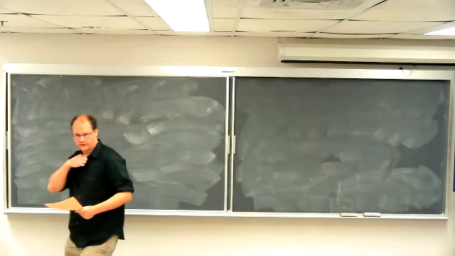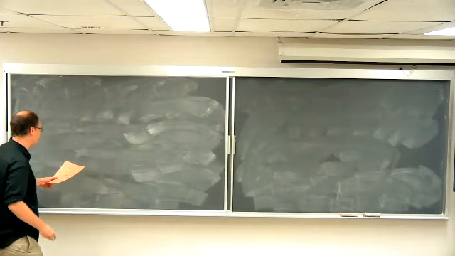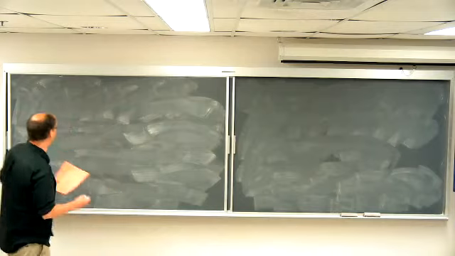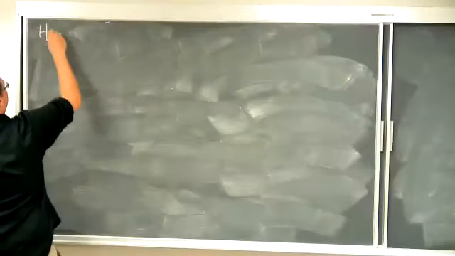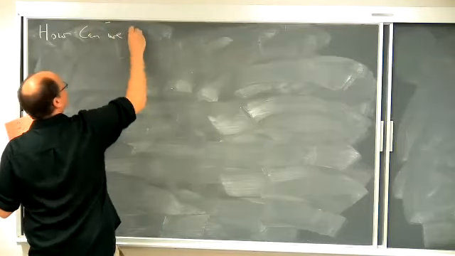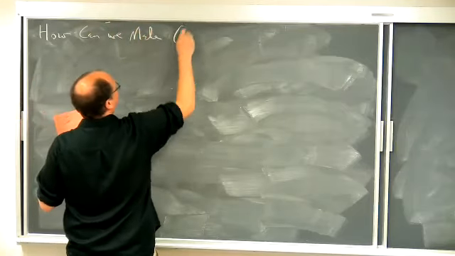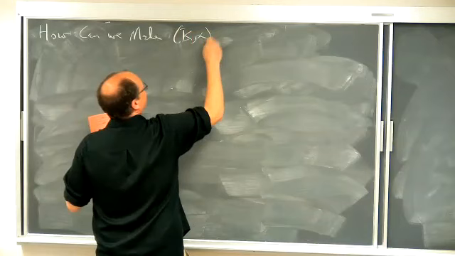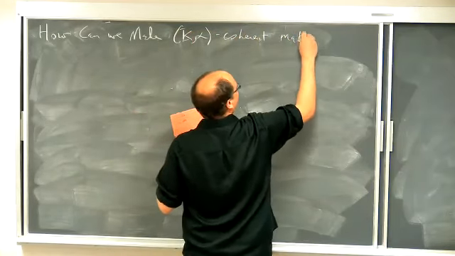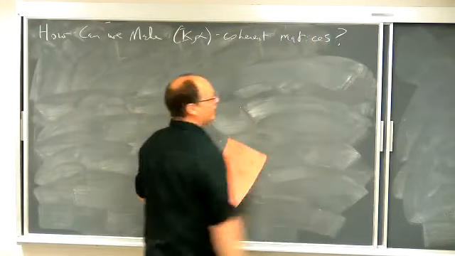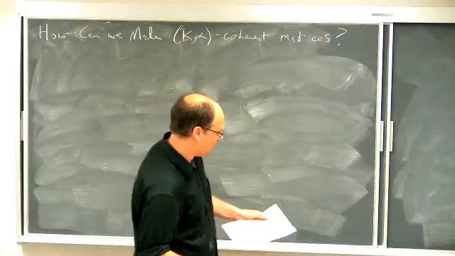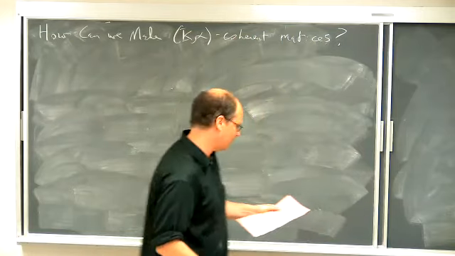Let's start talking a little bit about how you can construct these K-alpha coherent matrices. So it bears some discussion. And there are some nice connections here to error correcting codes.